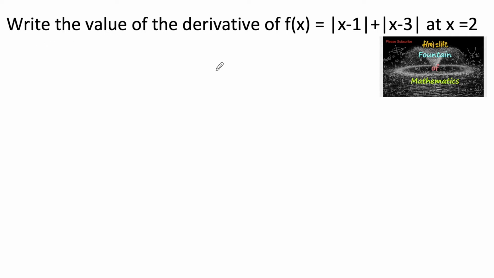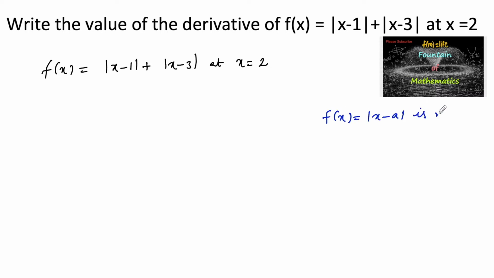Write the value of the derivative of f of x is equal to mod of x minus 1 plus mod of x minus 3 at x is equal to 2. And we know that a function f of x is equal to mod of x minus a is not differentiable at x is equal to a.